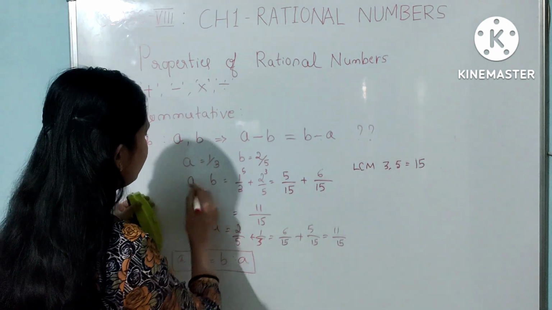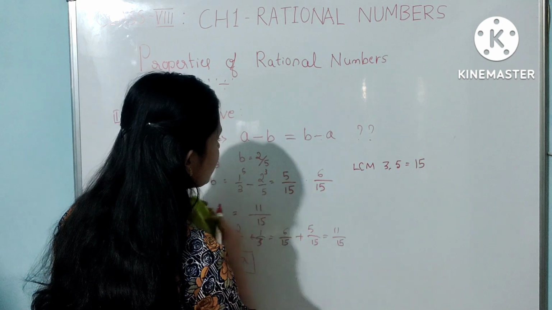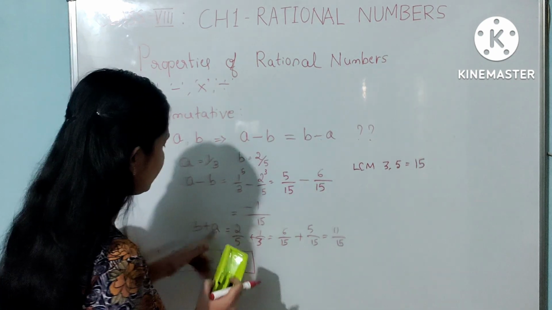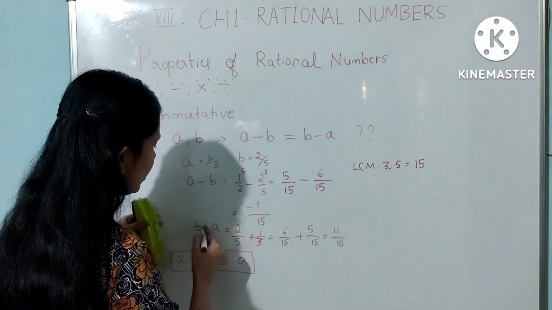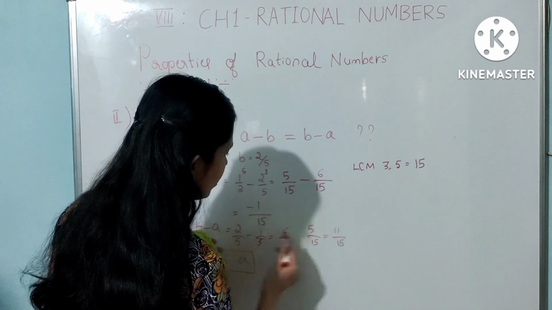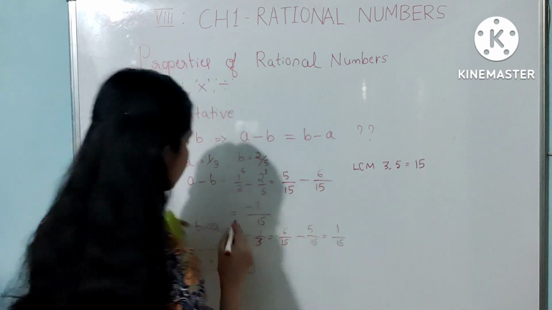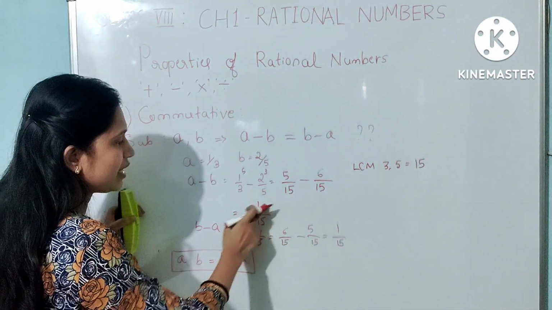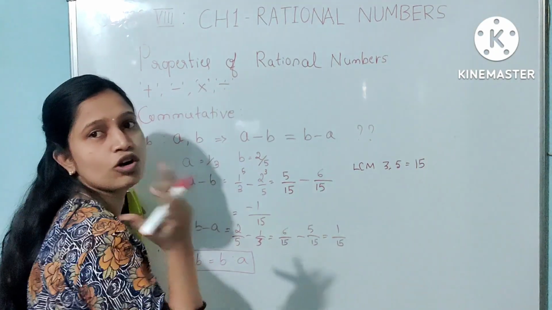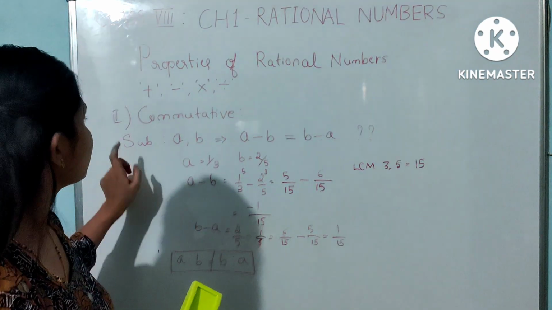So a minus b, what is the value? Right, minus 1/15. Now we have to calculate b minus a. What is the value? 1/15. See, here a minus b is minus 1/15, but here b minus a is 1/15. Both are not equal. So this property doesn't hold good for subtraction.